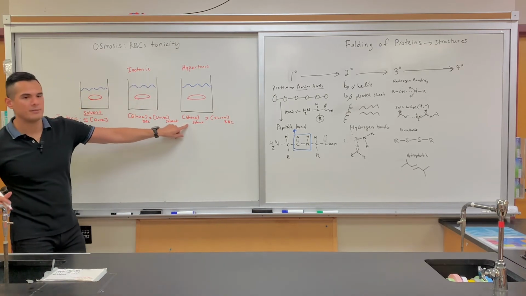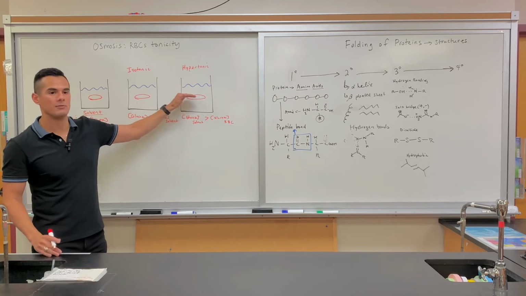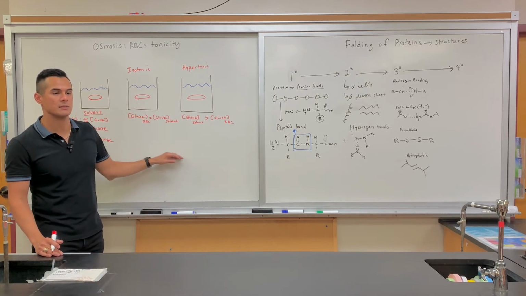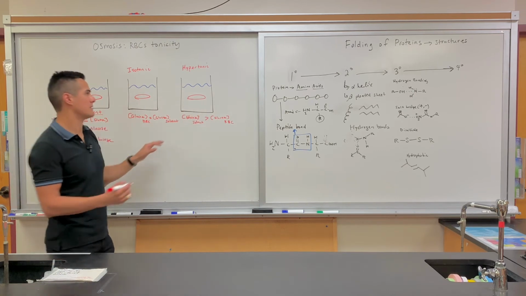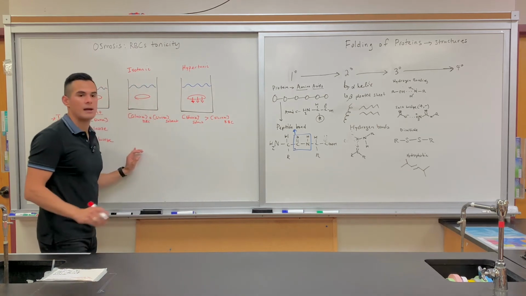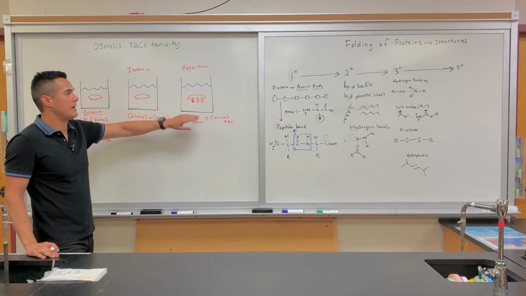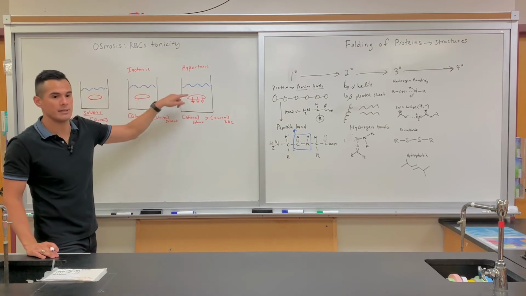If there's a higher concentration on the outside, what is going to be the direction of osmosis? Where is water going to flow to balance this higher concentration on the outside? It's going to go outside of the cell. Right? So the water is going to flow out to balance this, because it's more concentrated here, so the water is going to leave.